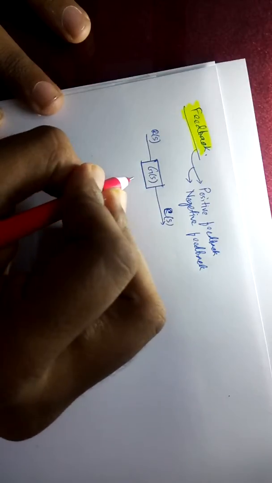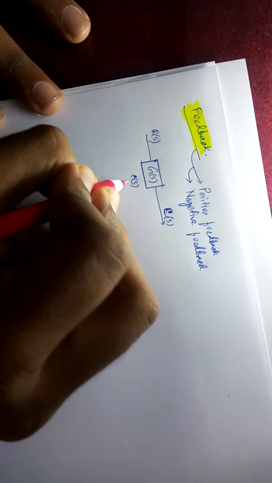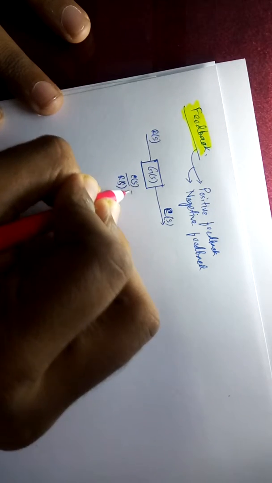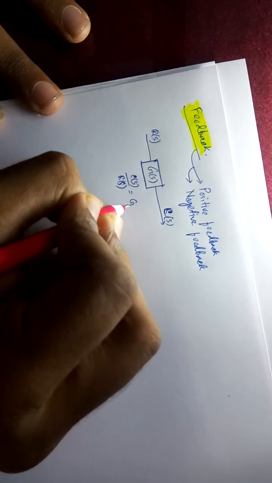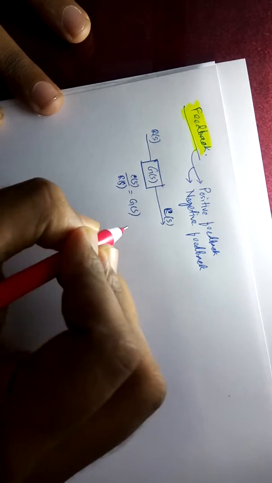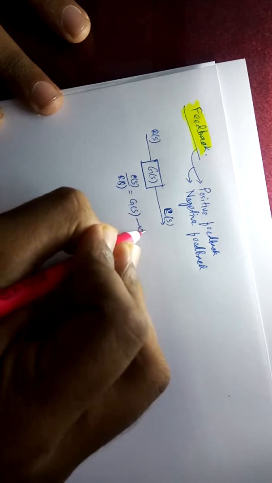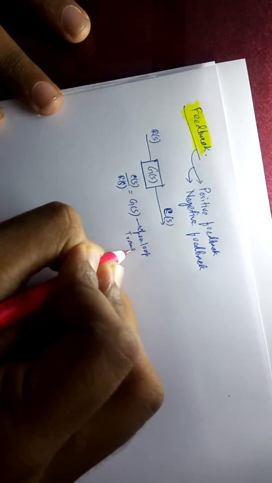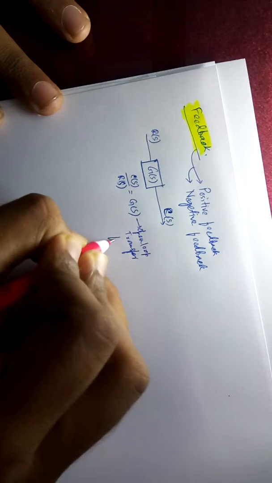Means in this case the open loop transfer function C(s) by R(s) will be G(s), and this will be the open loop transfer function.